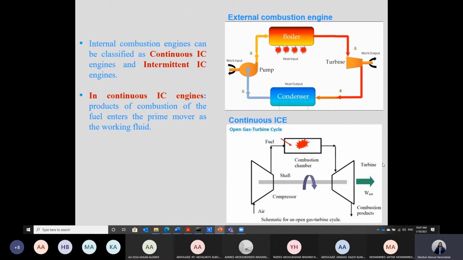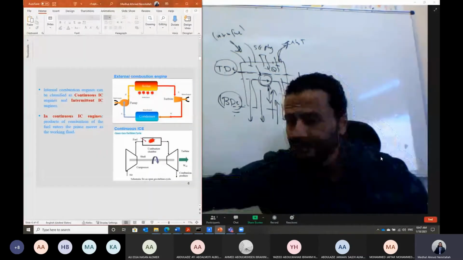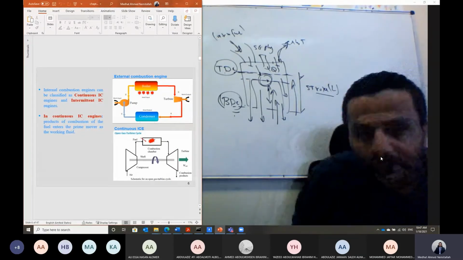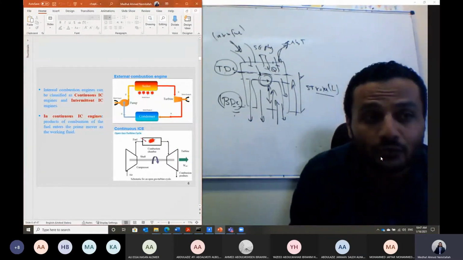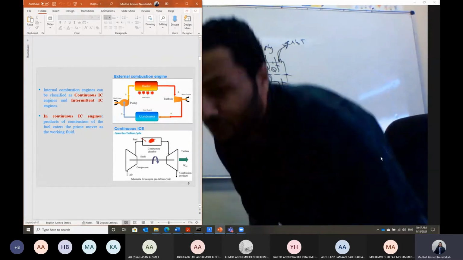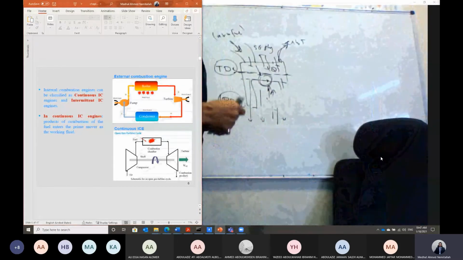Do you have an idea, Shabab, about the turbine? How the turbine works? So, Yazid, Hussein, do you have any idea about the turbine? What does it consist of?